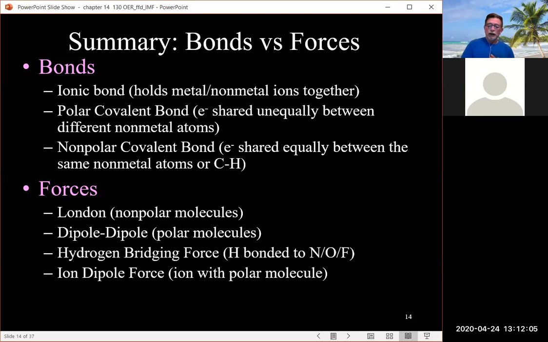Now, with respect to hydrogen bridging or bonding, it is hydrogen bonded either to nitrogen, oxygen, or fluorine. And then finally, the ion dipole force, that is when you have an ion, a salt of some sort, interacting with a polar molecule, which for us would be water.